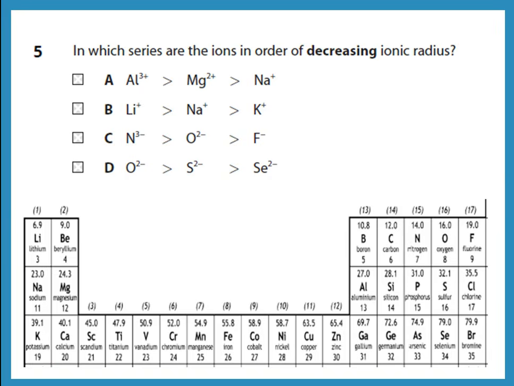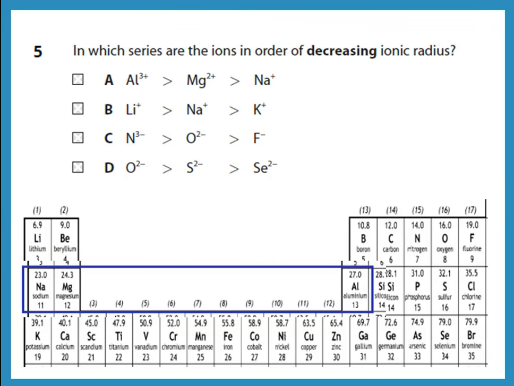You should remember that as we go across a period from left to right, the atoms become smaller and the ions also become smaller. So actually, aluminium is the smaller one, not the bigger one. He wants decreasing ionic radius. So that's not my answer.